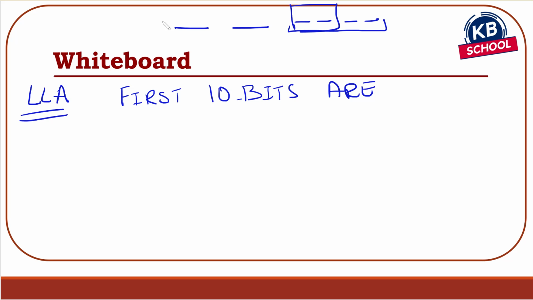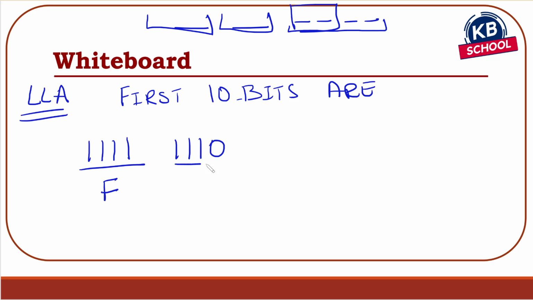So the entire first, entire second, plus 2 bits on the third. The rule is the first 10 bits are 1111, which makes the first hex digit an F, then 1110, which is 8 plus 4, which is 12, plus 2 is 14. 14 in hex is E.